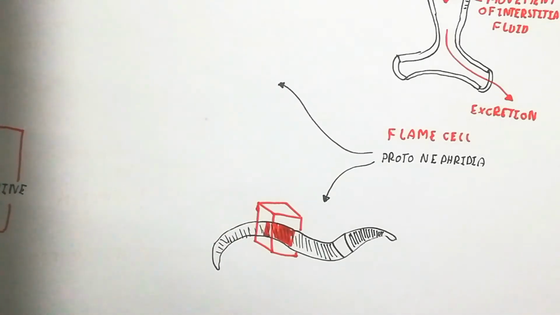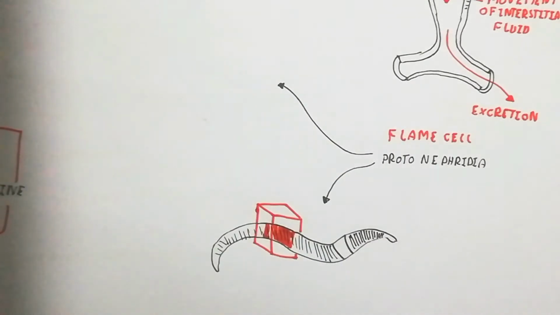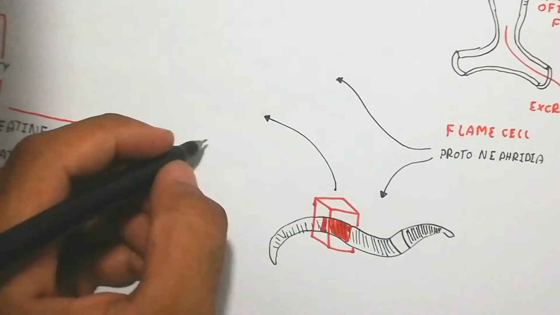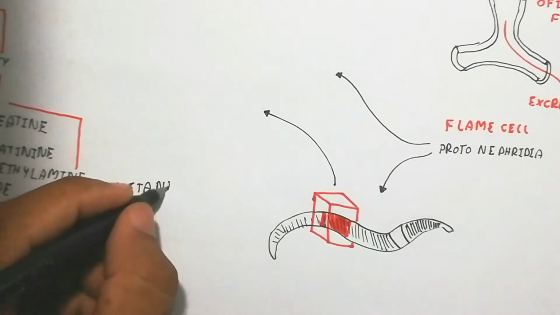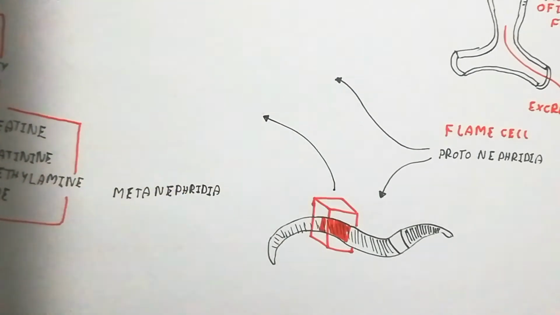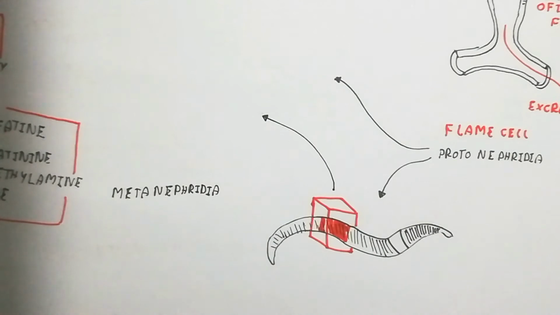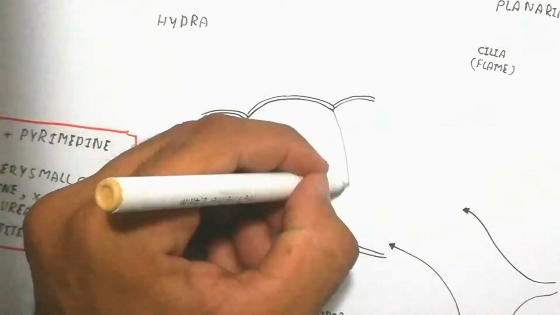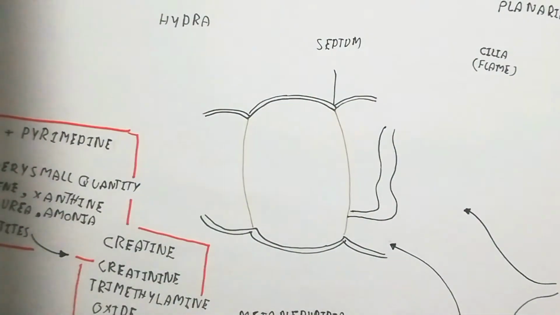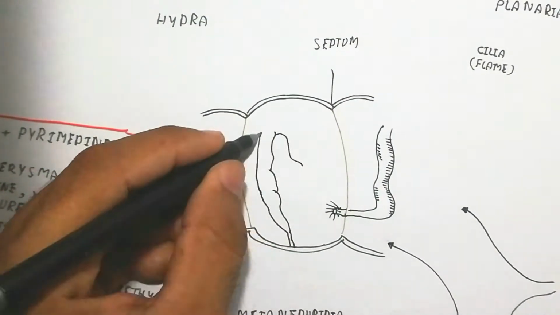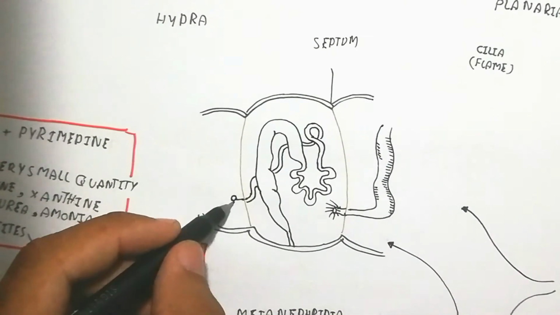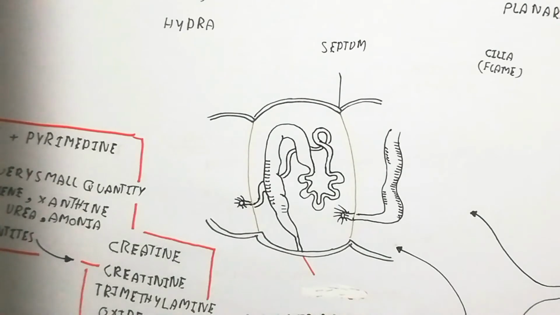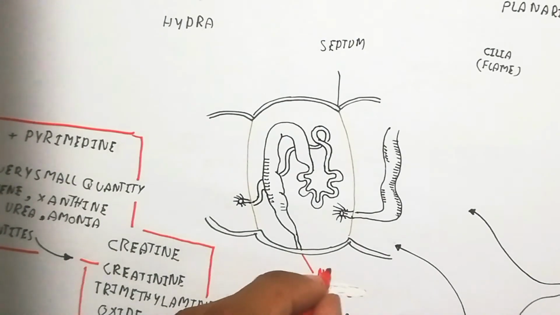For example, if the earthworm is cut along its length, it will regenerate again because the septum is present. That is an important feature of the earthworm. Regeneration means regenerating the animal again after cutting.